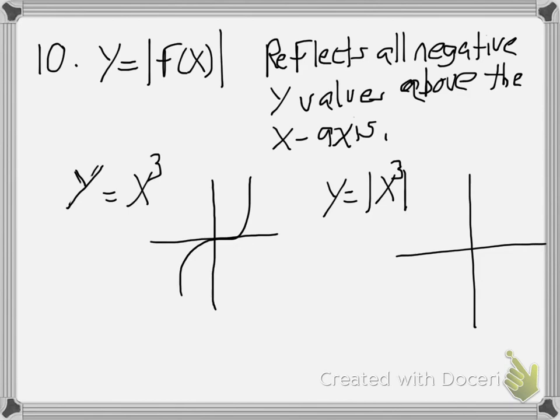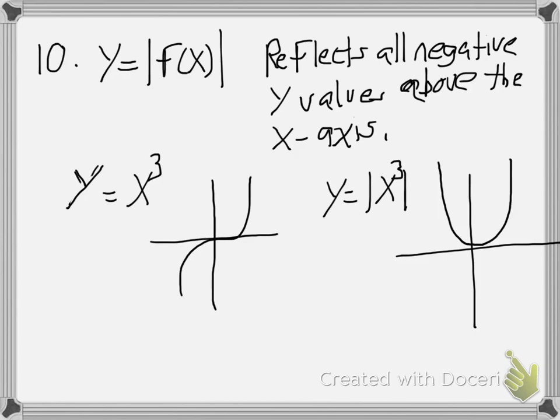What will that look like? Well, instead of coming down here, it's going to come up front, up top. So basically, it's going to all of a sudden turn into almost like a quadratic. Okay? So that's what the absolute value on the outside of f of x does.